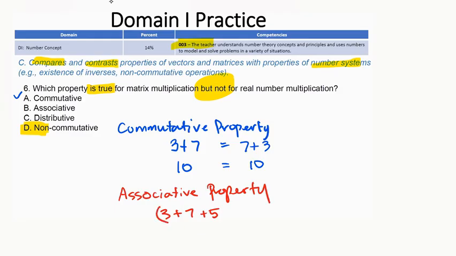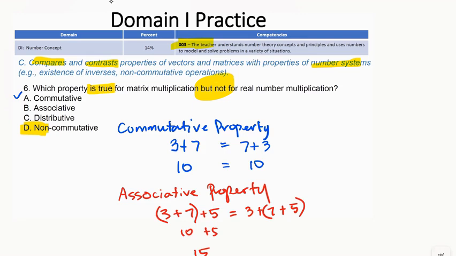I will put them in brackets. Earlier, you said 3 plus 7 is 10. 10 plus 5 is 15. In the associative property, you're changing the groupings, or the association.